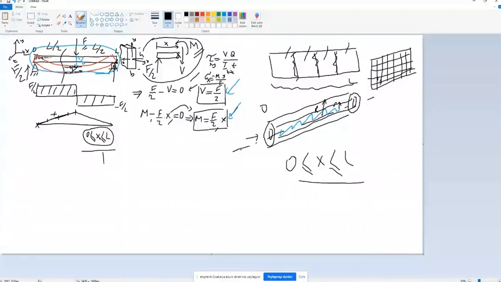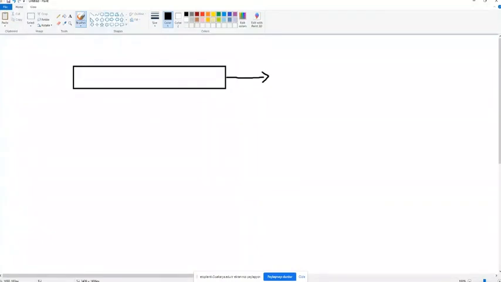If you try to solve the problem, for example, let me change here, we try to solve for an extension problem. I hold it with probably two ends.